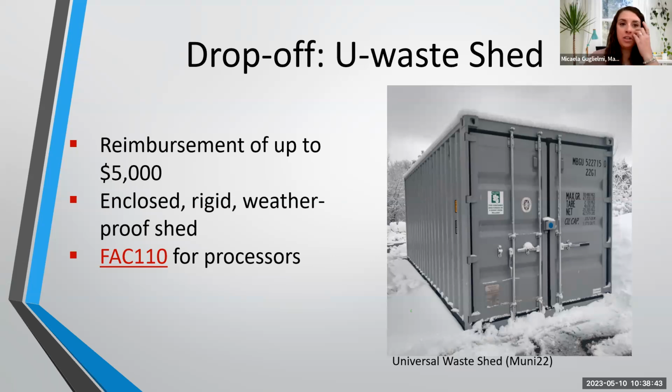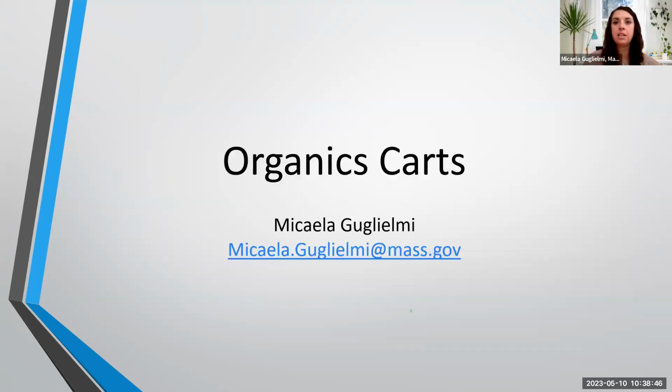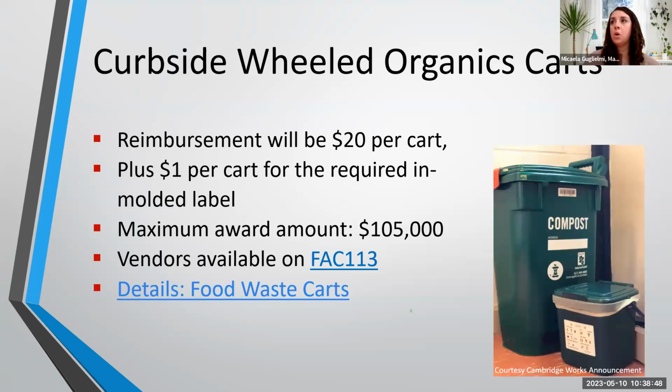And then another grant that I oversee is the organics carts. So this grant is for reimbursement for up to $20 per cart with a maximum award of $105,000. And if you wanted to purchase any organics carts, the FAC 113 state contract is linked right there. And that contract has not just organics carts, there's recycling carts, a lot of great stuff on that state contract to check out.